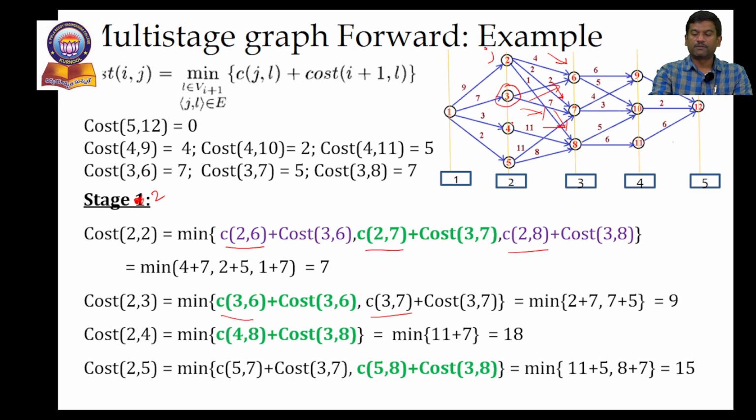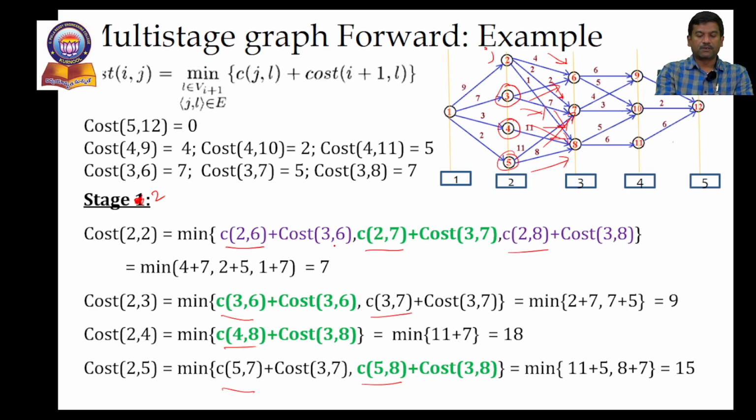Similarly, from 4, here you can observe there is only one edge that has been connected over to 8, that is C of 4 comma 8. And when you consider vertex 5, this is connected to 7 and connected to 8. So C of 5 comma 7, C of 5 comma 8, and the remaining values use the formula plus cost of I plus 1 comma L.